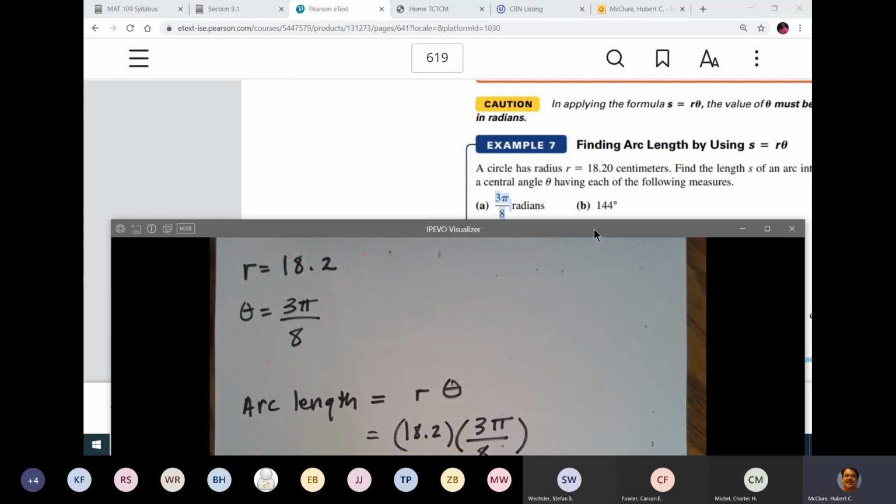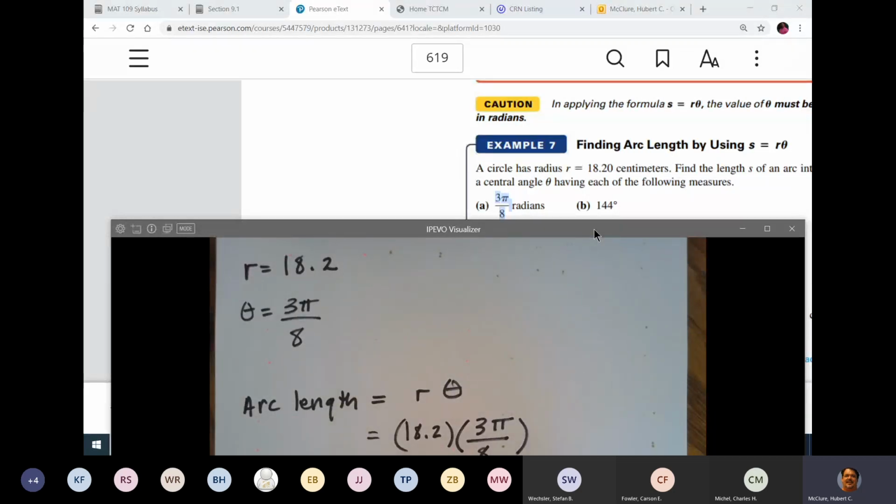Now, sometimes they're going to want it in terms of pi. Sometimes they're going to want it in terms of a decimal. Okay, I'm not going to fret over that because I think y'all can discern when to do it and what to do with your calculator. So I'm going to say 18.2 times 3. Let's see, is that 48.6?